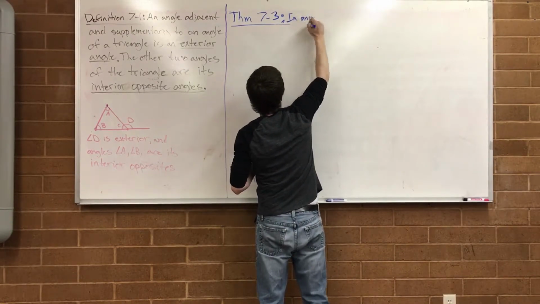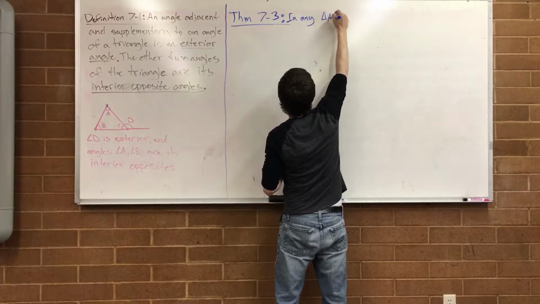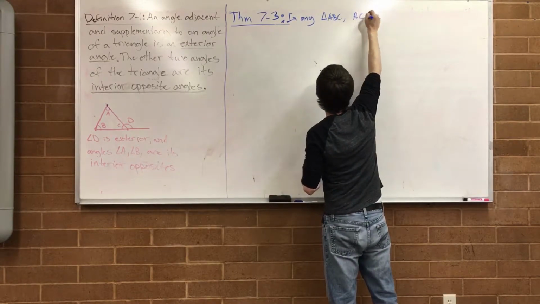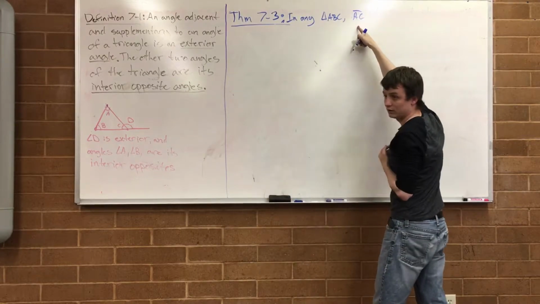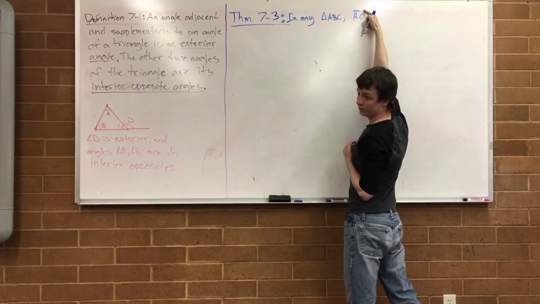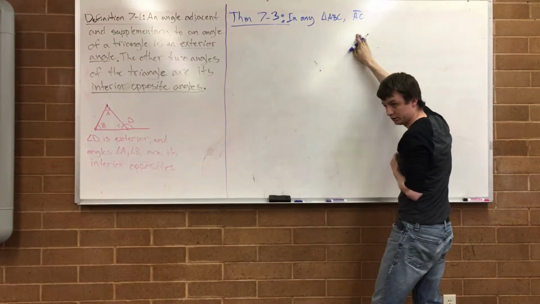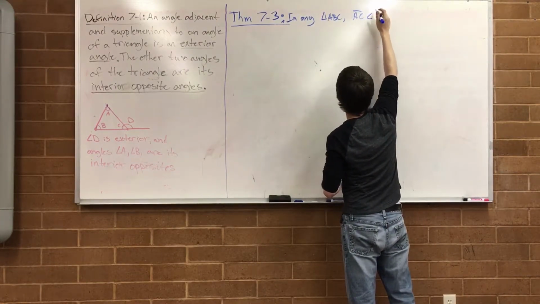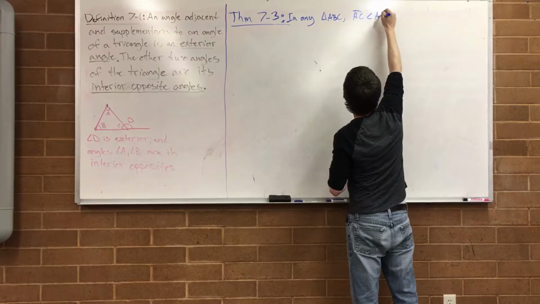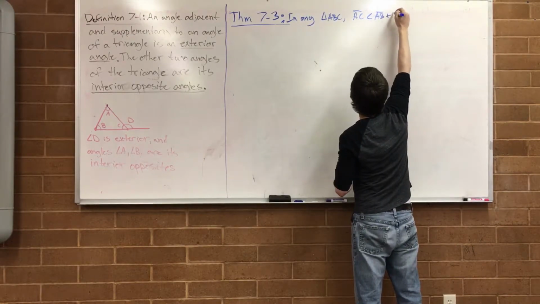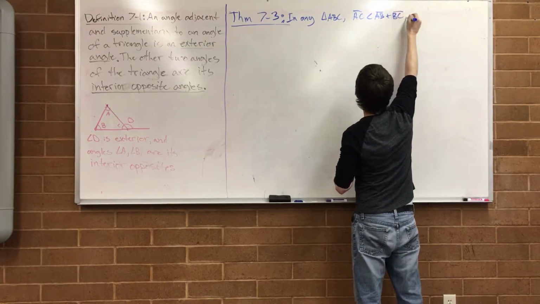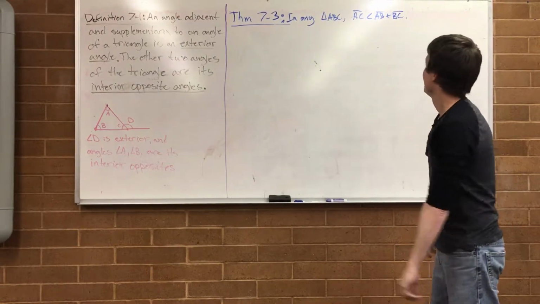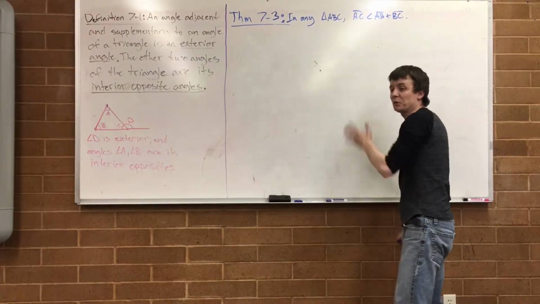In any triangle ABC, AC, that length, remember when we put the bar above it, we mean the length of it, that represents a number. The length of AC is less than AB plus BC. Okay? Now we're going to prove this.